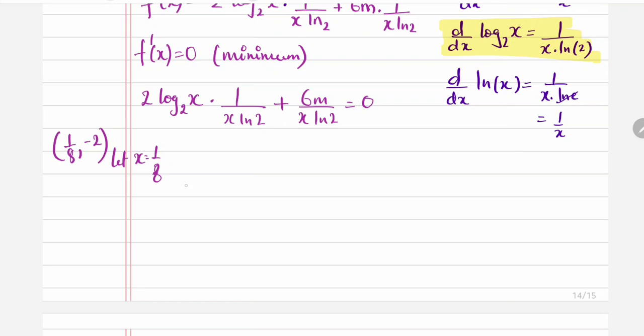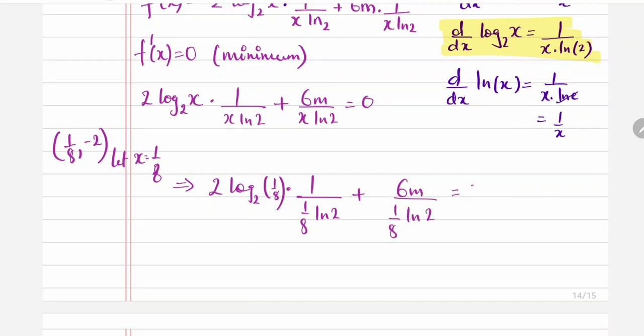So we have 2 log base 2 of x times 1 over x, where x is 1 over 8: over 1/8 ln 2, plus 6m over 1/8 ln 2 equals 0.